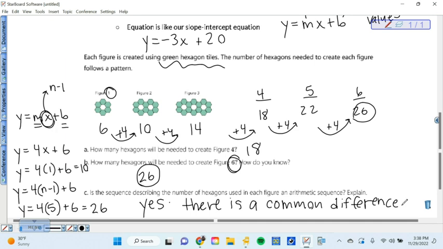Ooh, I also have some no-name papers. I bet that's yours, Michaela.